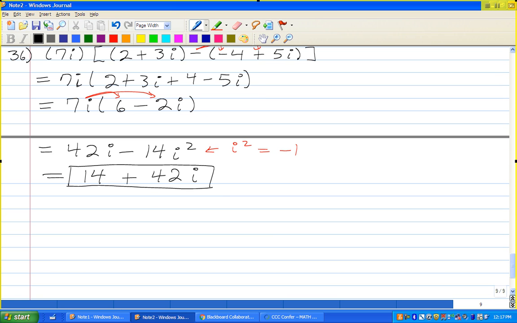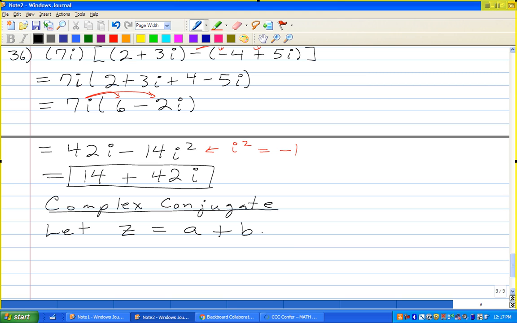Next, the complex conjugate. So let z be a complex number, say a plus bi, where a and b are real numbers.